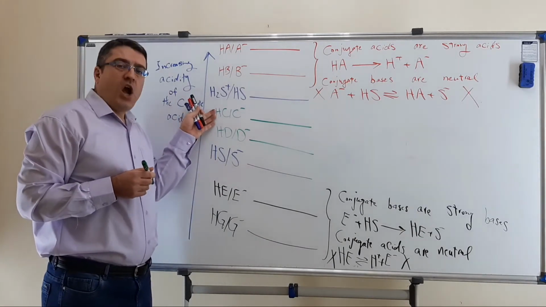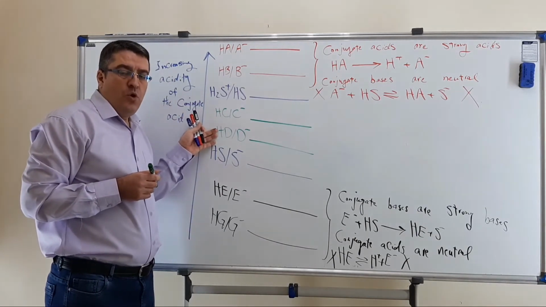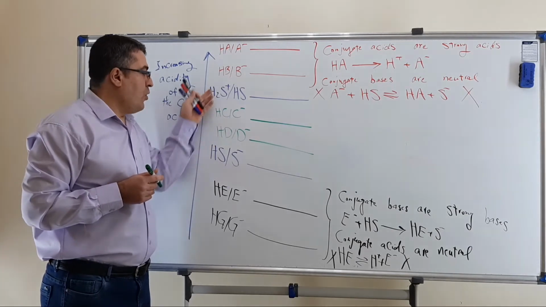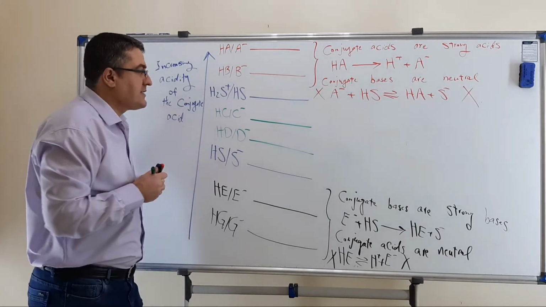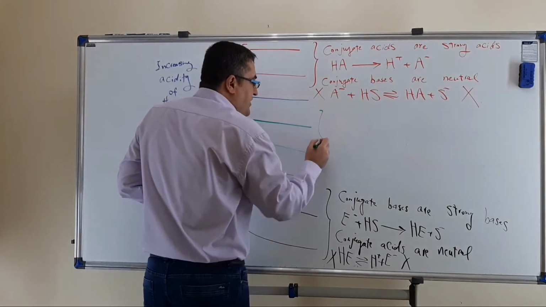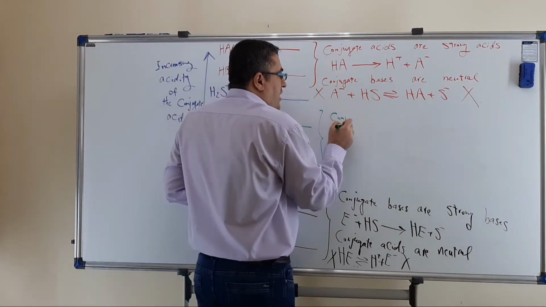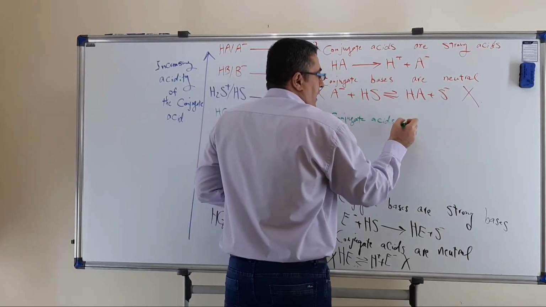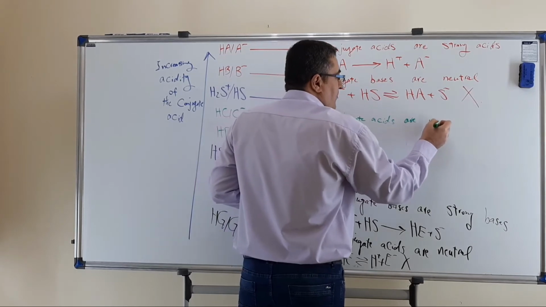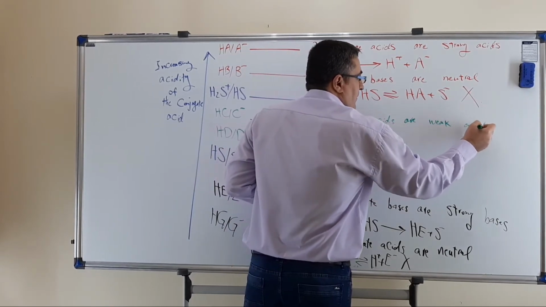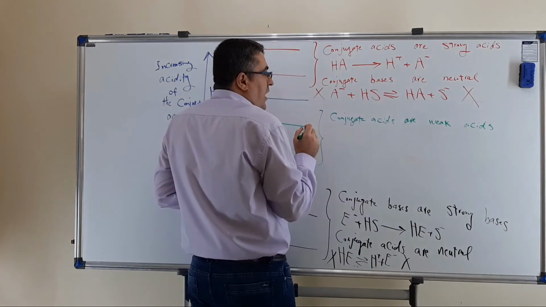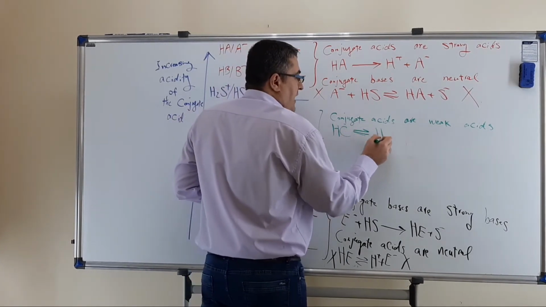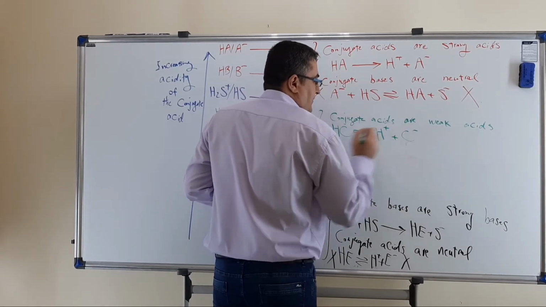In the case of these conjugate acid-base pairs, whose conjugate acid has acidity between those of the HS and H2S+, we consider the conjugate acid as a weak acid, and we consider equilibrium reactions for their acid dissociation reactions.